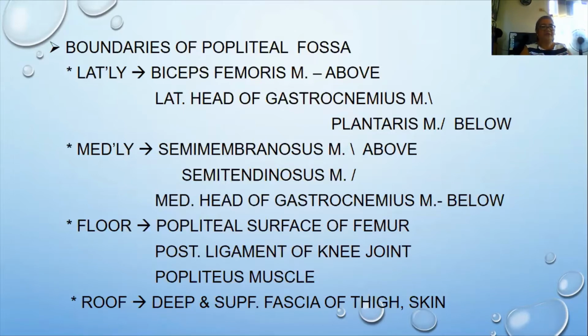So if you notice the inferior boundary of your popliteal fossa, both lateral and medial, in the inferior portion you will have the gastrocnemius muscle, the medial head for the inferomedial boundary, and inferolaterally would be the lateral head of the gastrocnemius.